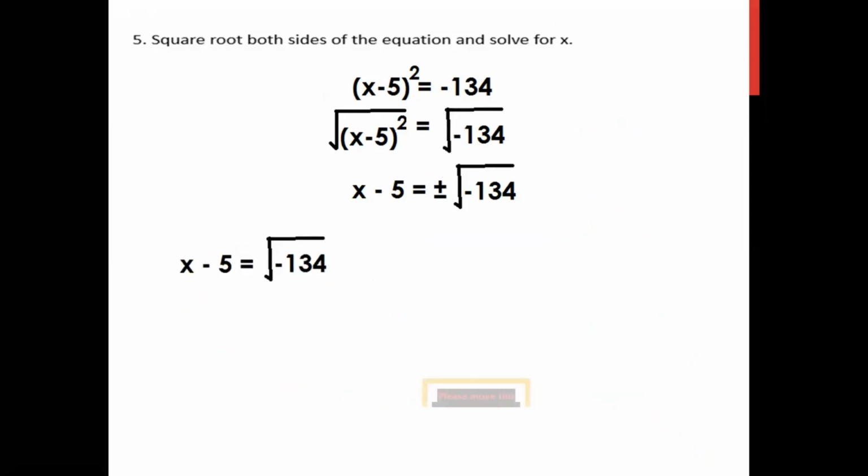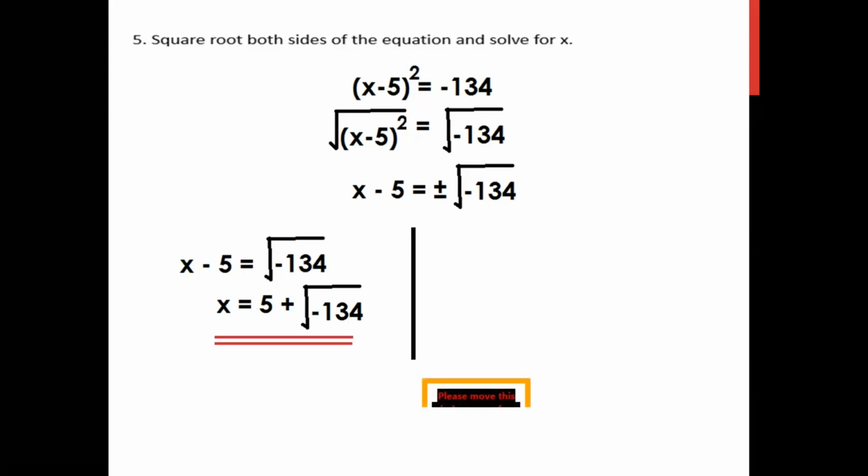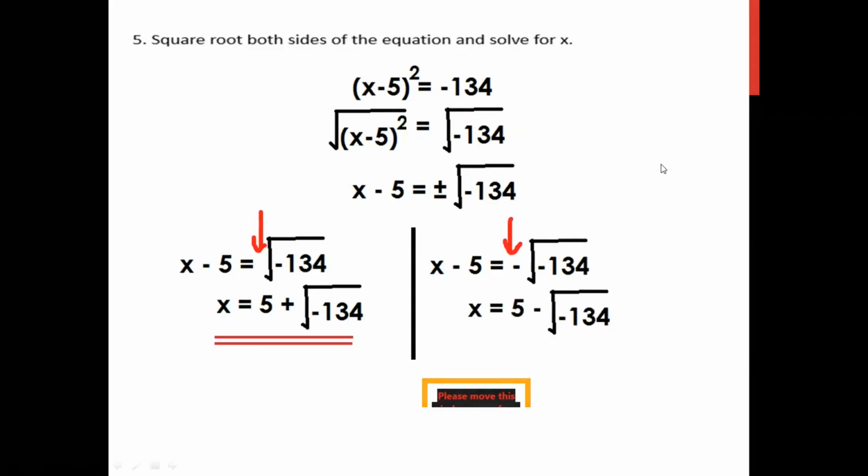Transpose the negative 5, so we get x equals positive 5 plus the square root of negative 134. And the other root is x equals 5 minus the square root of negative 134.